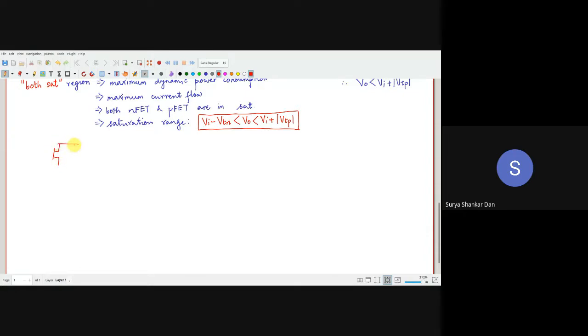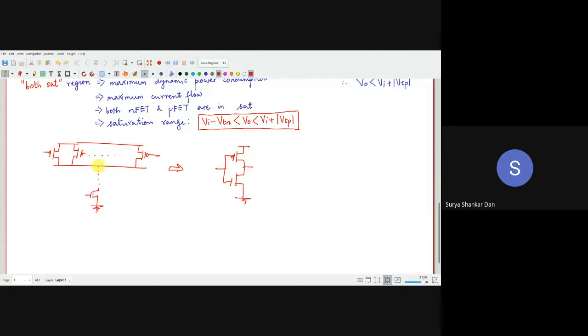You have got a very complicated circuit. I do not know what is there. A very, very complicated circuit. Somehow, if I'm able to convert it into something like this, very simple.